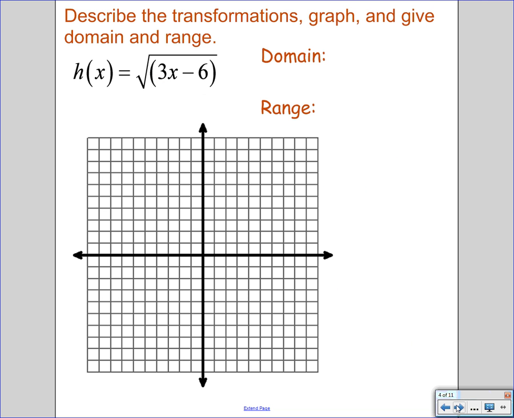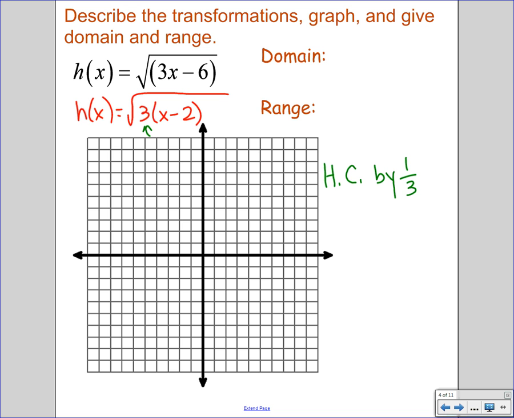Describe the transformations, graph, give the domain and range. Okay, now if there's a number inside the parentheses, what I've been stressing with you guys all year, factor out that 3 so that you get the correct transformations. So that 3 underneath, that is a horizontal compression by the reciprocal of that, 1/3.